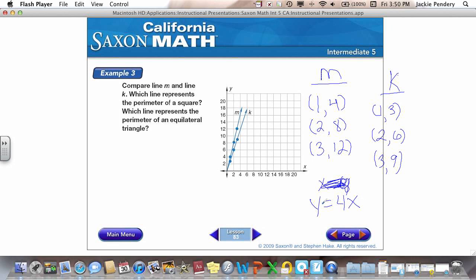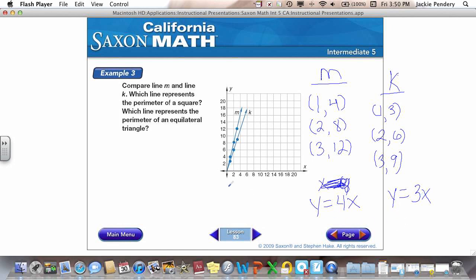So if I was to plug this in, y equals 2 times 4, which would be the x. So this is my equation for M. Over here, my K equation, in order to get 3, I have to multiply 1 times 3. So y equals 3 times x.